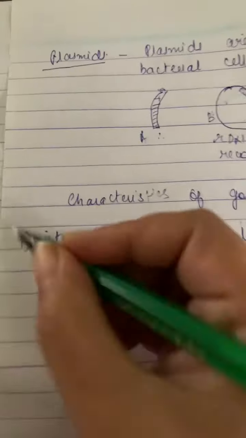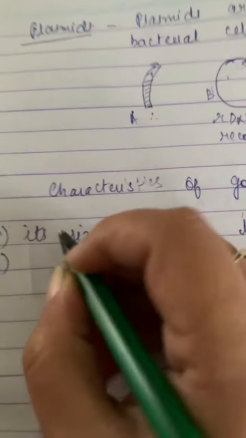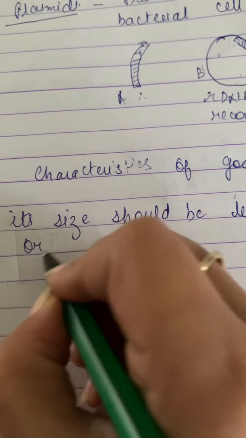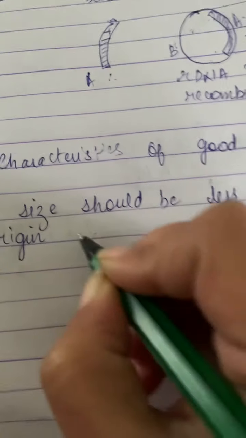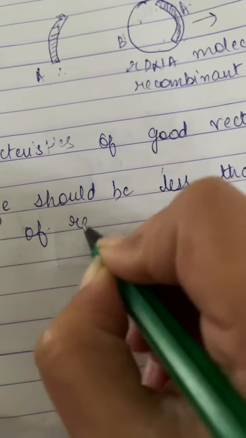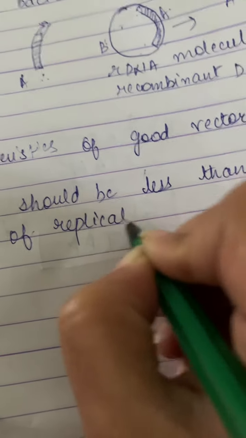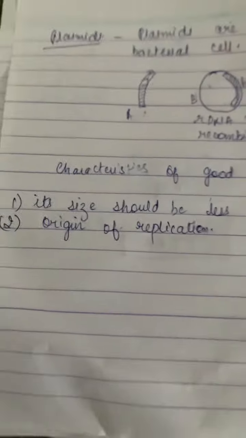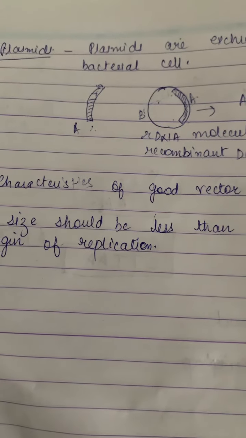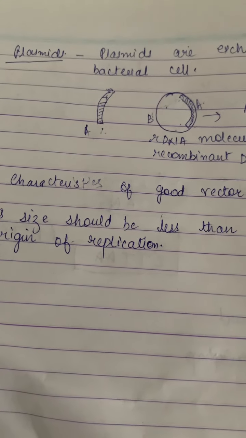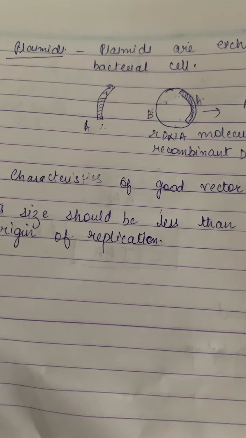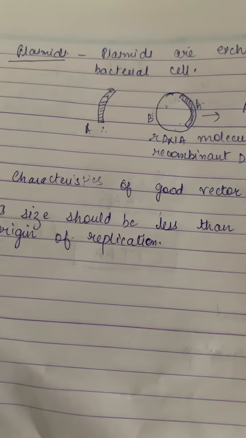Now the second is it should contain an origin of replication. Origin of replication is the point from where the multiplication of DNA takes place.